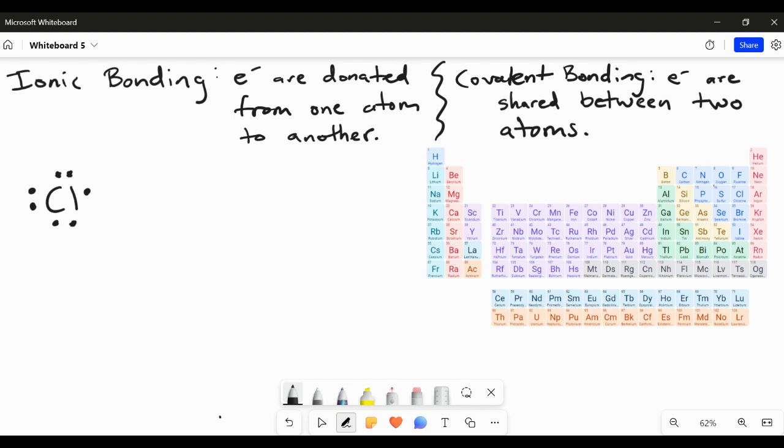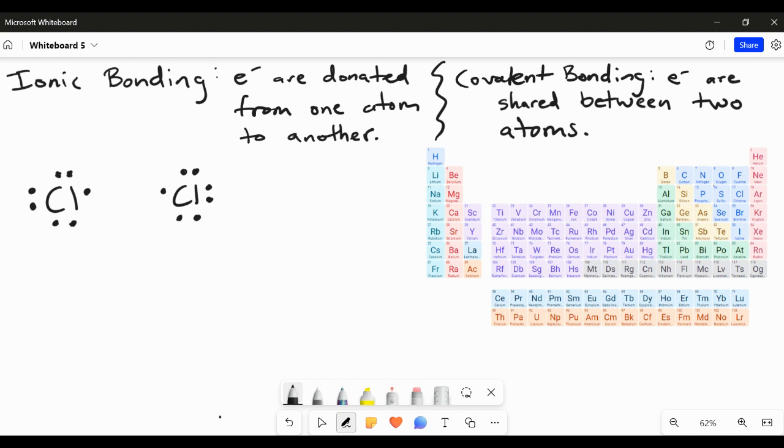Chlorine might encounter another chlorine. So I've got my two chlorines here. And they're just floating around. Neither one of them is meeting the octet rule.